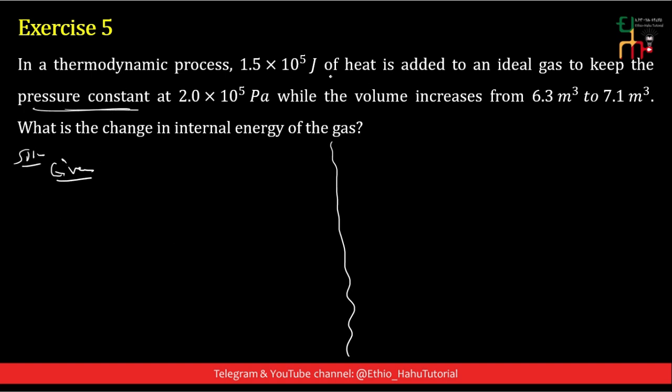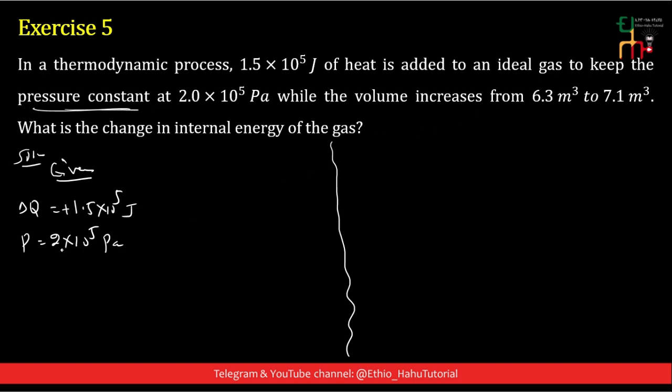1.5 times 10 to the power of 5 joule of heat is added to the system, delta Q is equal to 1.5 times 10 to the power of 5 joule. If heat is added to the system, it is positive from sign convention. And the pressure is 2 times 10 to the power of 5 Pascal.